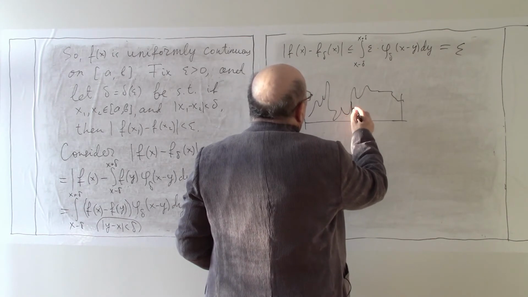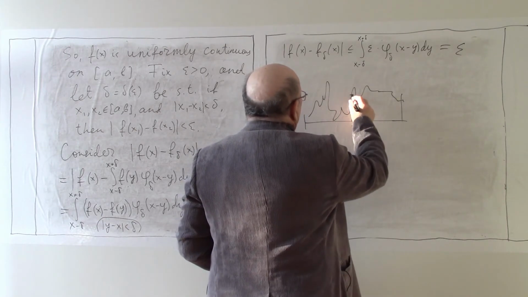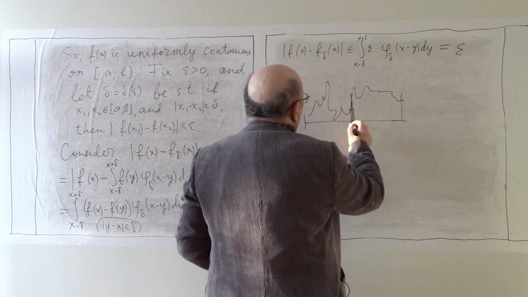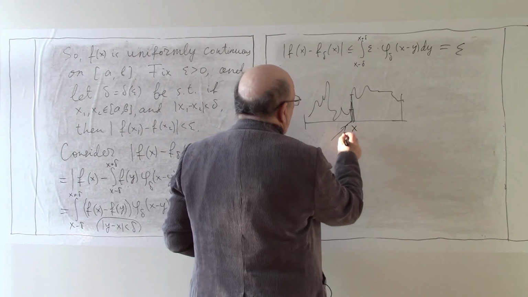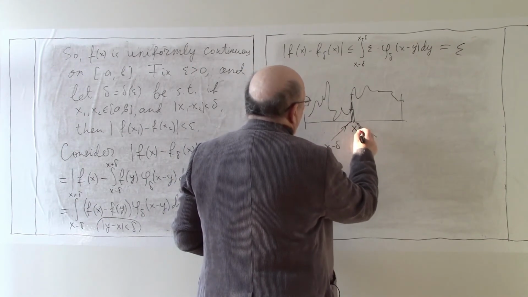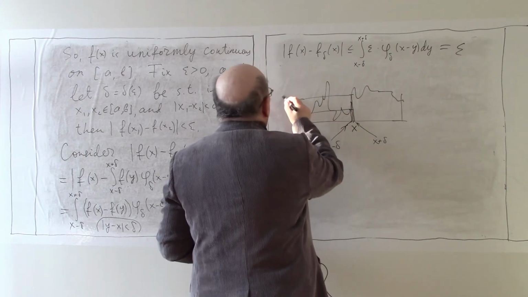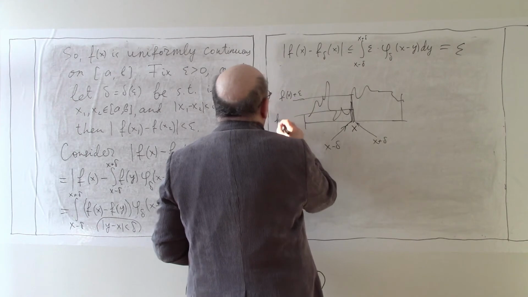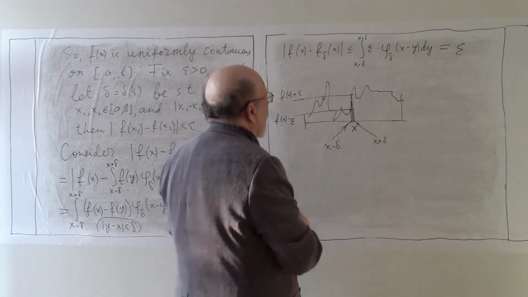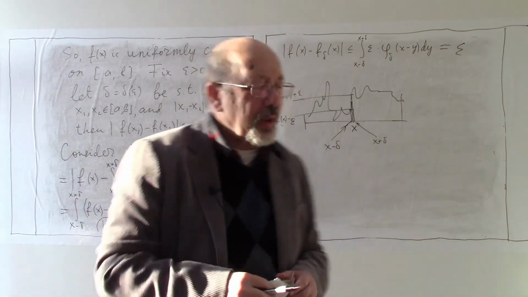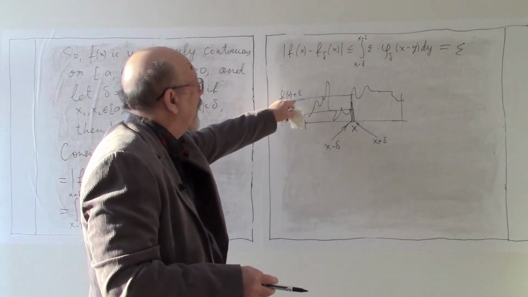So we can find a short segment around x, which is from x minus delta to x plus delta, such that on this small interval, which is hardly seen here, the function f changes between f(x) minus epsilon and f(x) plus epsilon.